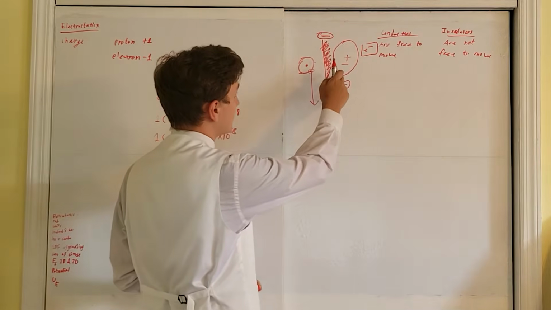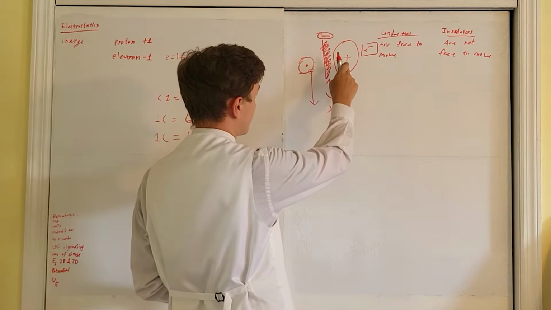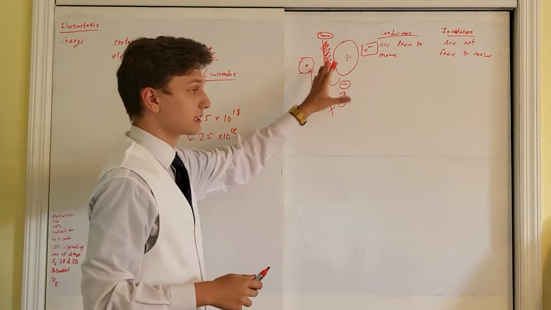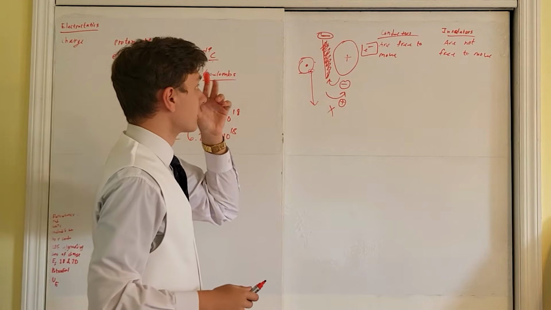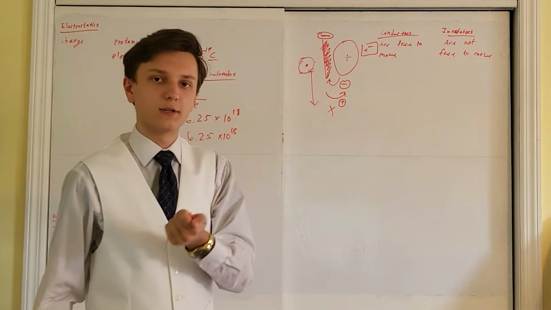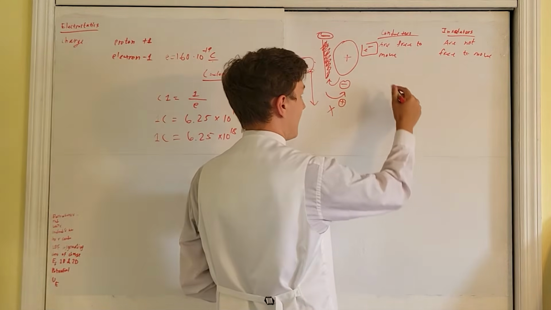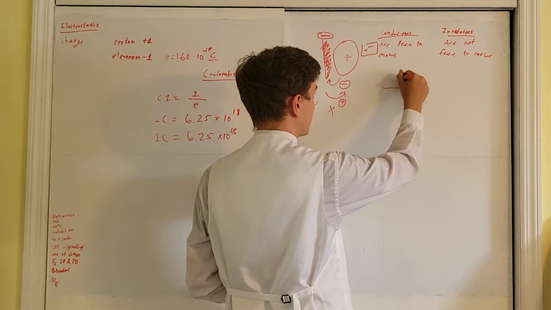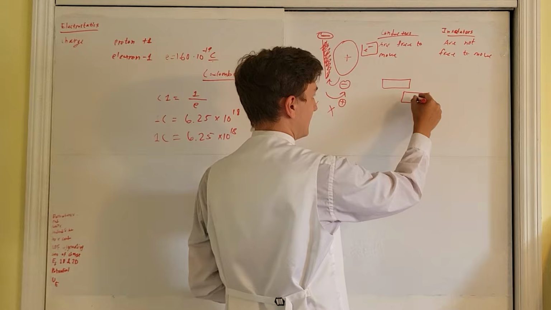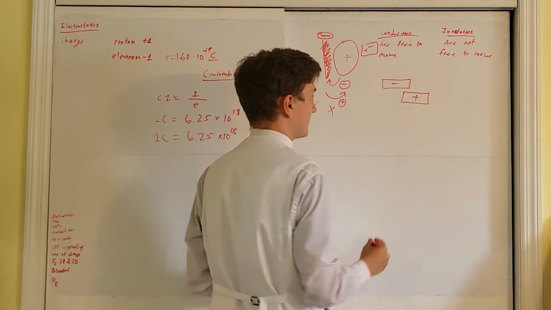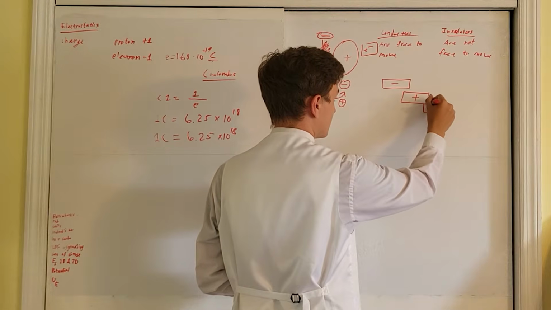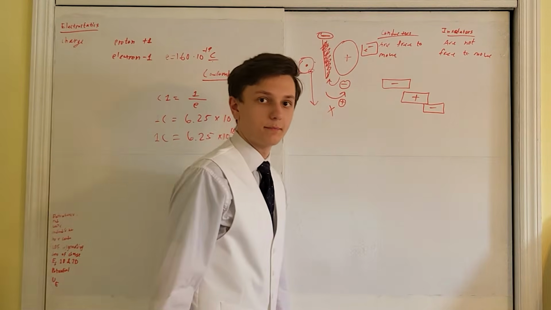The only reason that the positive charge that is built up on the balloon is allowed to stay on the balloon is because the balloon is an insulator. And the only reason that the negative charge on your hair is allowed to stay on your hair is because your hair is an insulator. If I had a conductor, like a big block of iron, and another conductor, like a big block of steel, and this one had a positive charge and this one had a negative charge, if I brought the two together and I touched them to each other, what do you think is going to happen?